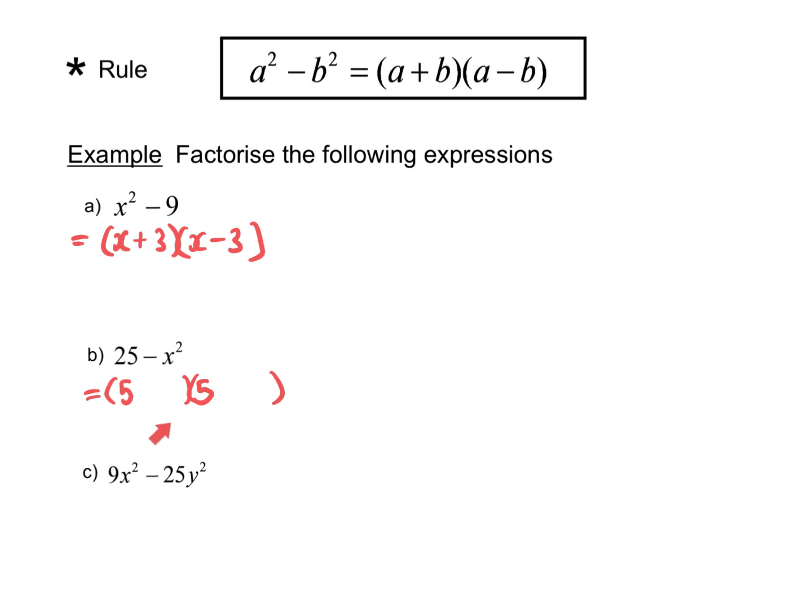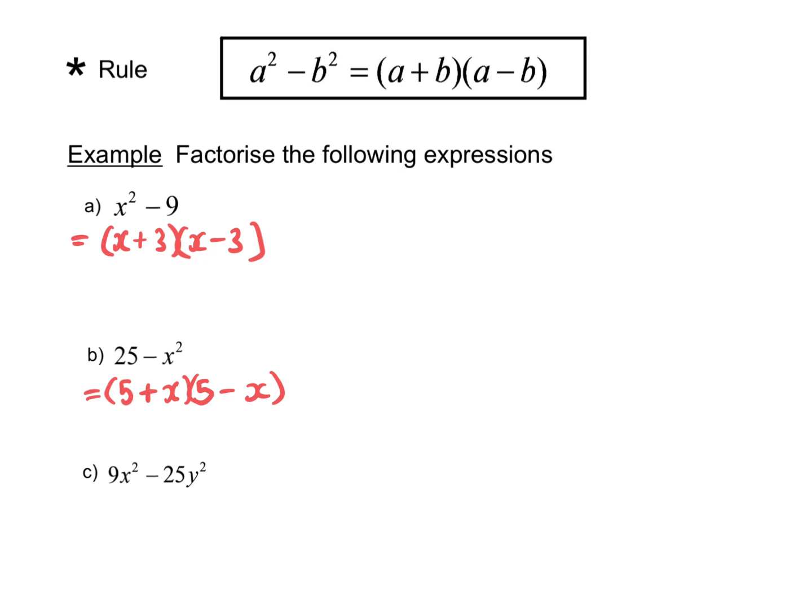Then the x squared comes second, so we take the square root of x squared, which is x, and put it at the end of each bracket. With a difference of squares, you just need to remember one gets a plus, one gets a minus. It doesn't matter which way around you put the plus and the minus, they can go either way around. So bear that in mind when you're marking answers.